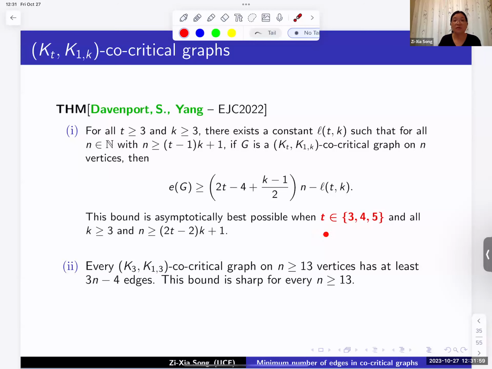That's why we also stopped here. We don't know how to construct the next case. The stars actually turn out to be much easier, slightly, in terms of counting edges, than our T_k case.